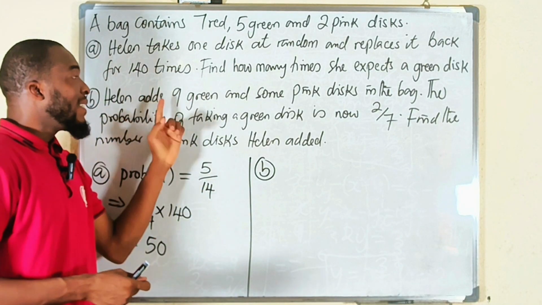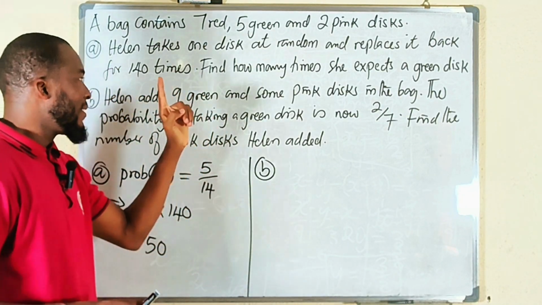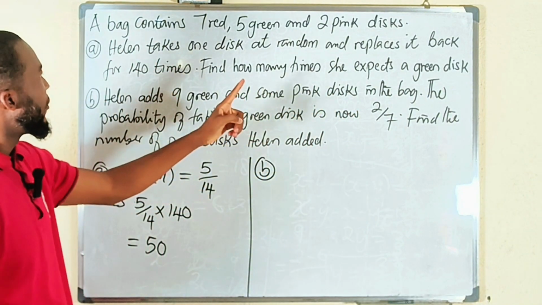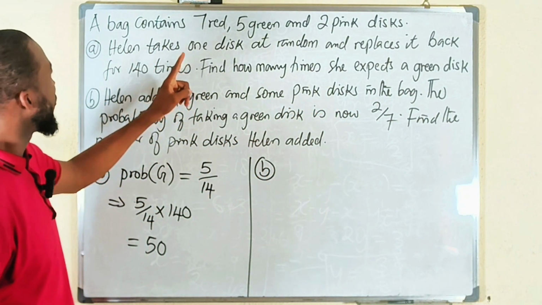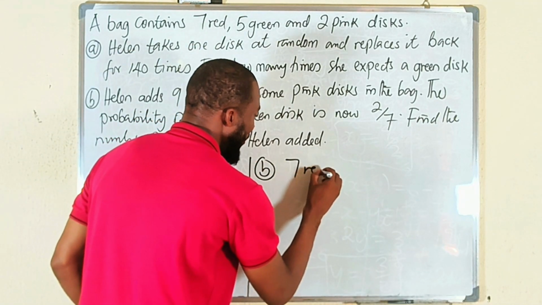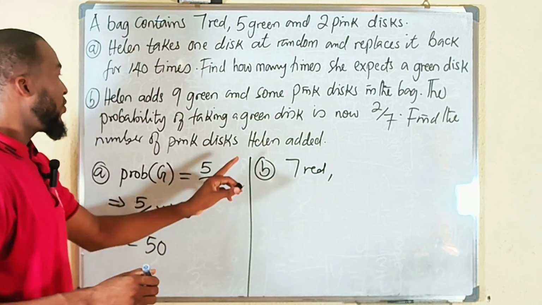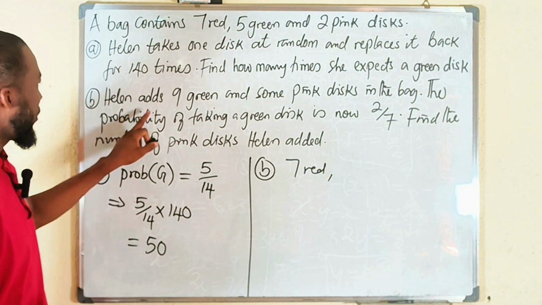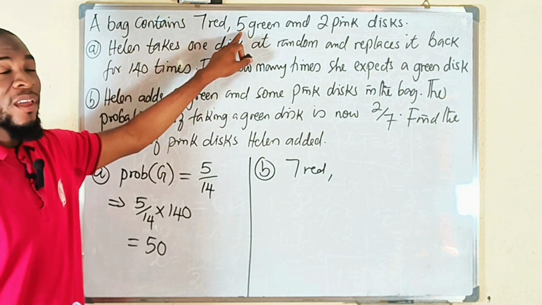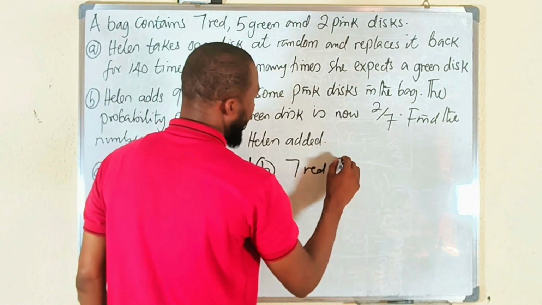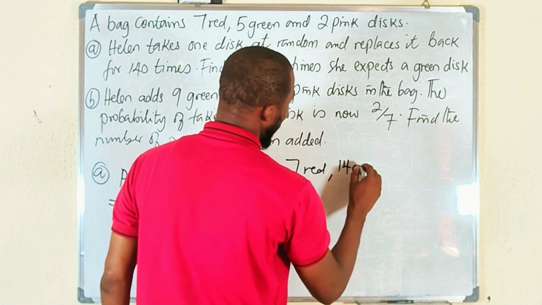She later adds 9 green discs and some pink discs in the bag. So what hasn't changed? Red. So we still have 7 red. But since she has added 9 green, and already there are 5 in the bag, 9 plus 5 becomes 14. 14 green.